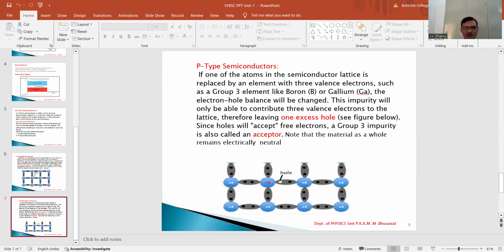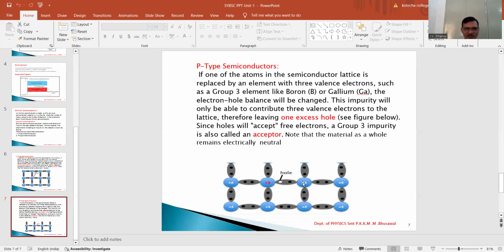That's why 3 covalent bonds are formed, but 1 covalent bond is not formed because of the deficiency of 1 electron. Due to this deficiency, 1 hole is created. The hole has a positive charge, and therefore electrons get attracted toward the holes.